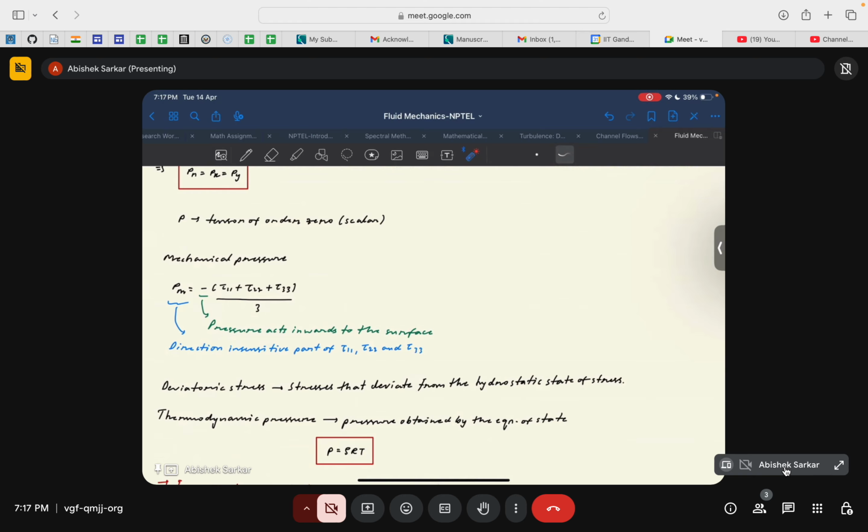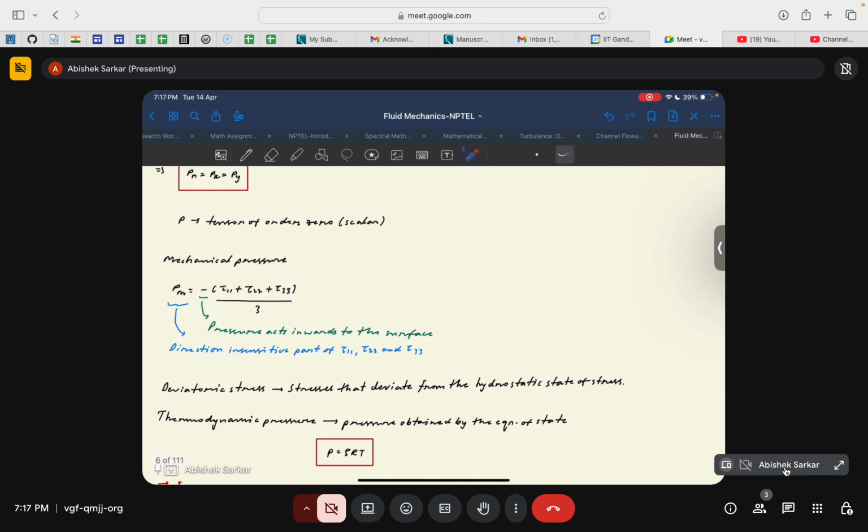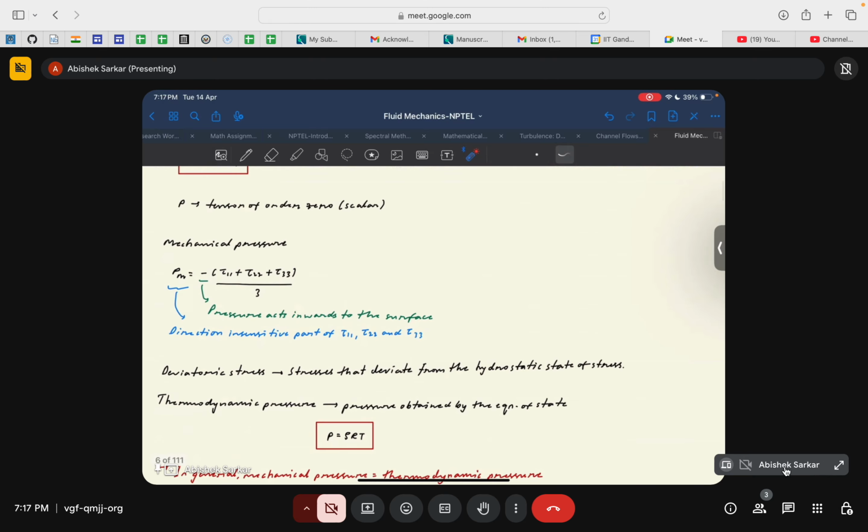One more simple relation was the relation between the mechanical pressure and the normal stresses. We found out that there are two types of pressure formally, the mechanical pressure and the thermodynamic pressure. While discussing the Navier-Stokes equation, we saw instances where the thermodynamic pressure and the mechanical pressure are identical, where the mechanical pressure is defined as the negative of the average of the normal stresses in the shear stress tensor.